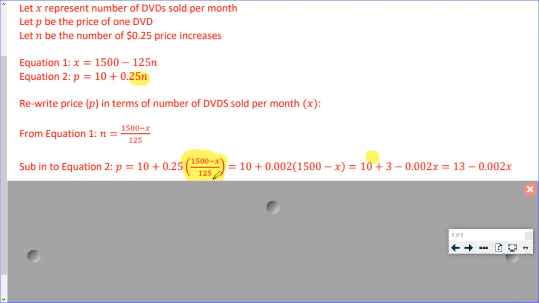Now we can get rid of the denominator by cross-multiplying the 0.25 with the 1.25. But when we simplify this function, we still get a linear function, 13 minus 0.002x. This is a good question to review your skills from grade 10 math.